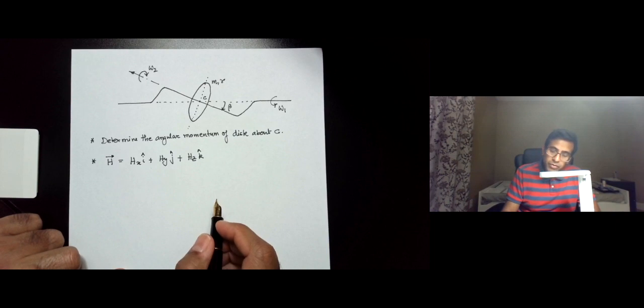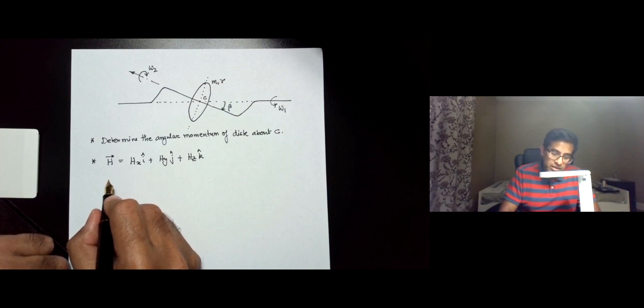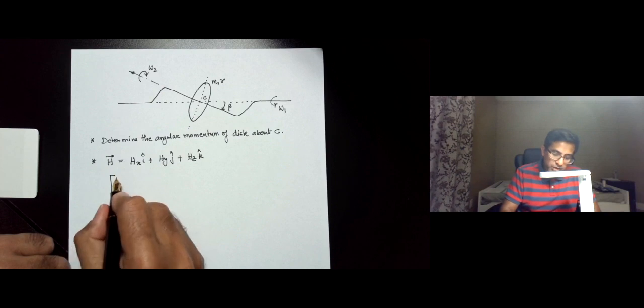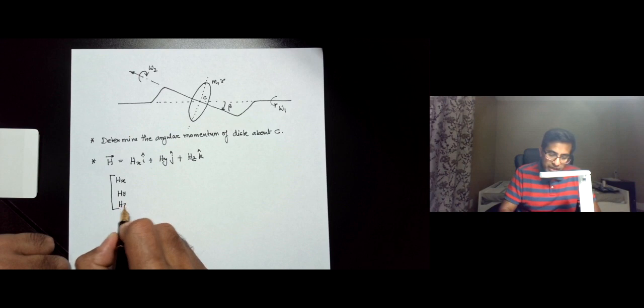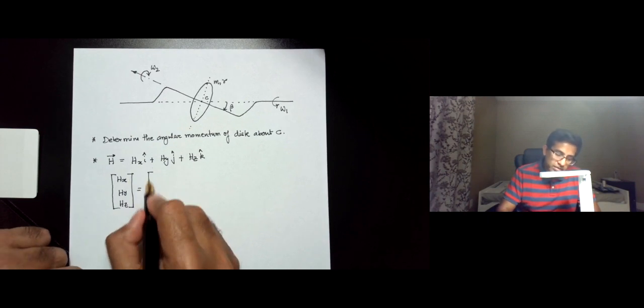Now, how do we find the angular momentum? Well, the basic formulation of angular momentum is that you can express it in the form of a matrix multiplication. Let's say that you have hx, hy, hz, the 3 mutually perpendicular components.